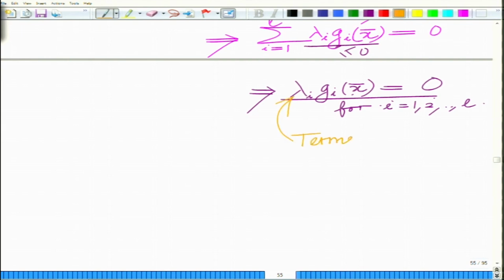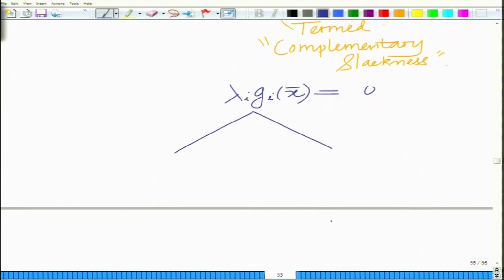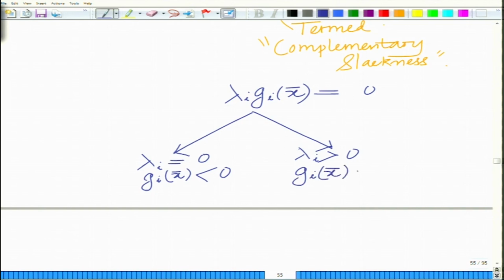The meaning of this is the following. This implies lambda i into g i x bar is 0, so this implies two things: either lambda i equals 0, which means g i of x bar can be less than 0, or lambda i is greater than 0 and g i of x bar equal to 0.